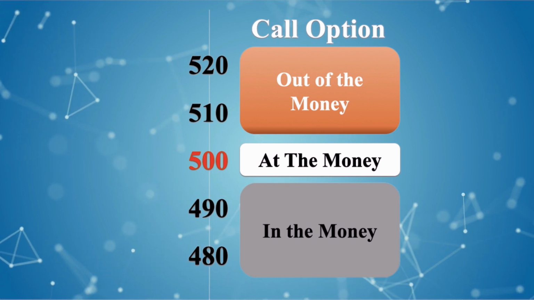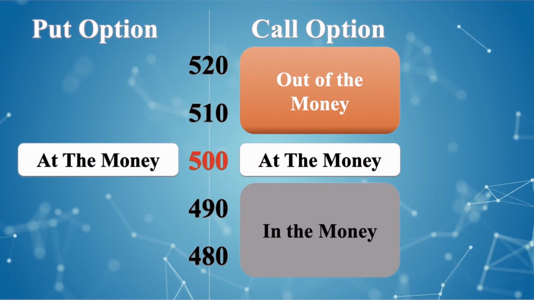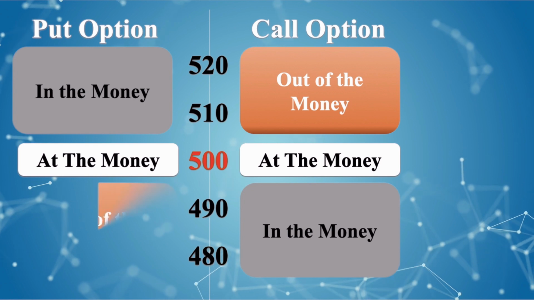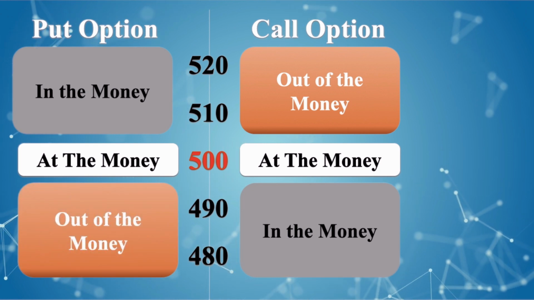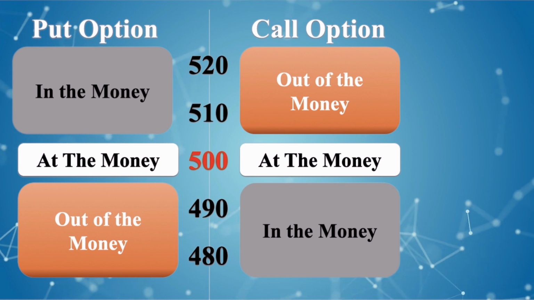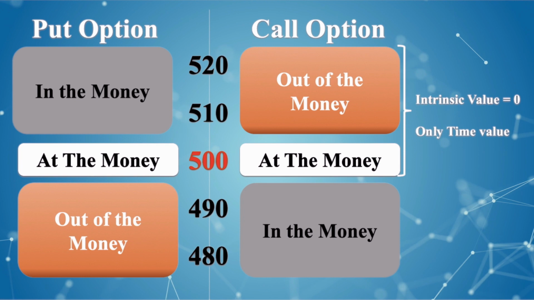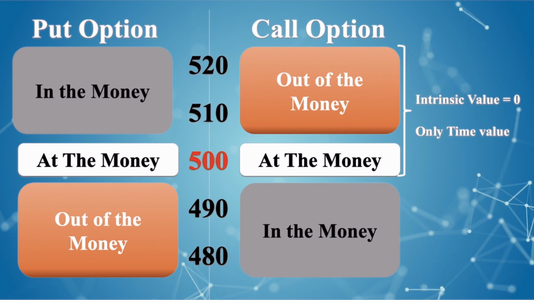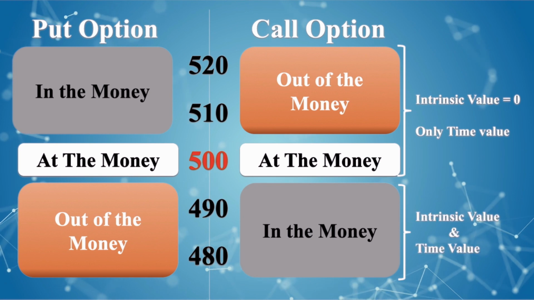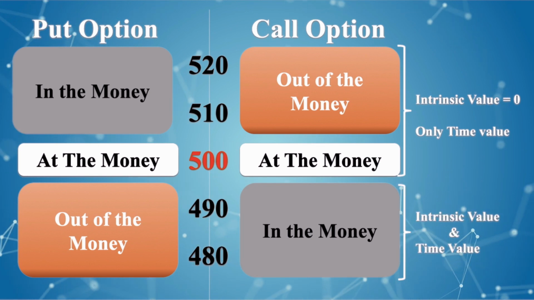For put option, the strike prices which are above the spot price are known as in the money options, and strike prices which are below the spot price come under out of the money options. For at the money and out of the money options, intrinsic value will be 0. It consists of only time value. For in the money options, it consists of both intrinsic and time value.